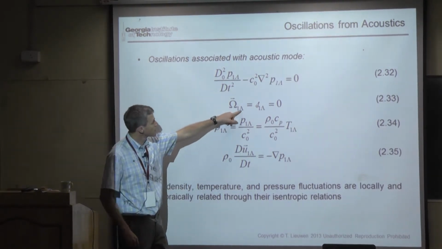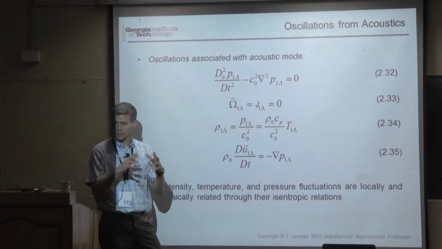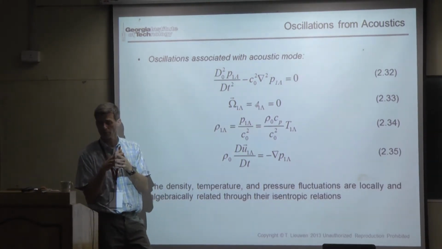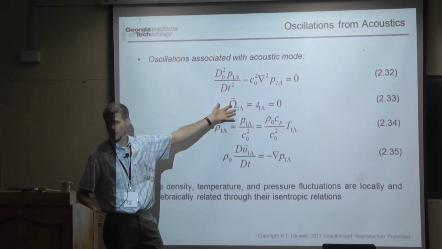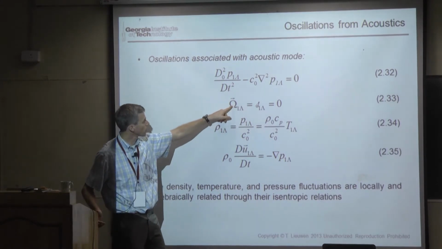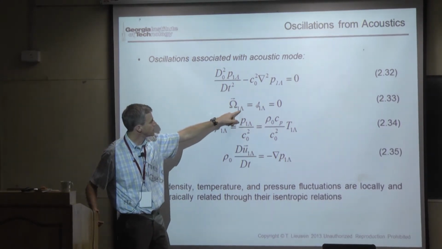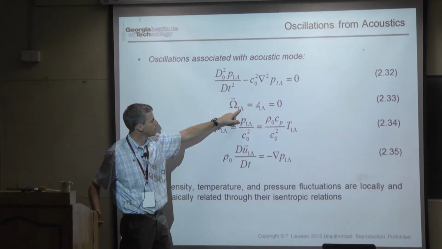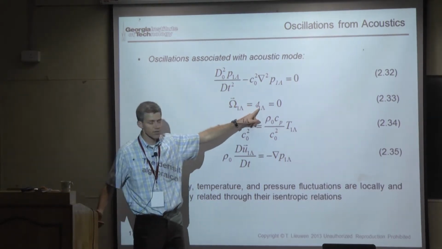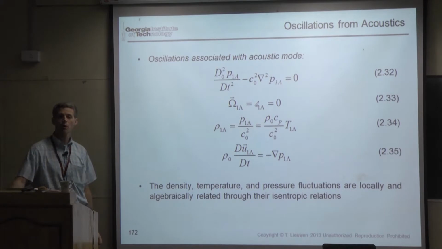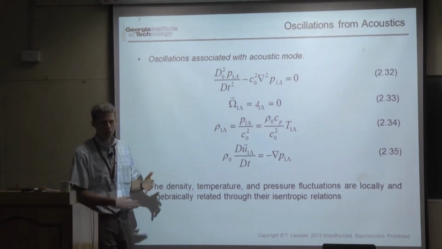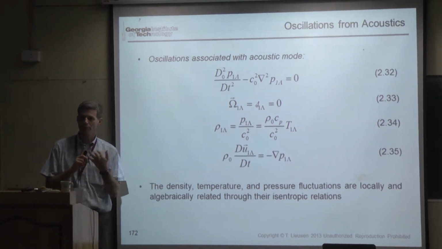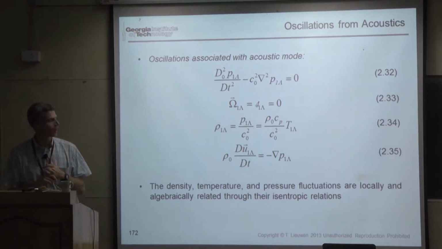This says the acoustic mode, which remember is essentially a compressible but irrotational disturbance, is irrotational, so the vortical disturbance induced by the acoustic mode is 0. Similarly, the entropy disturbance induced by the acoustic mode is 0. In other words, this acoustic disturbance propagates isentropically and irrotationally. That's what this is saying.